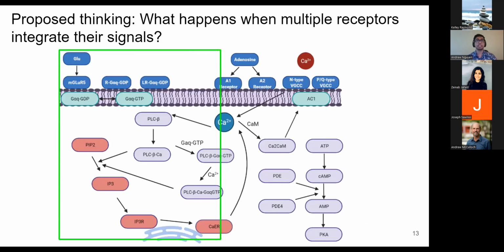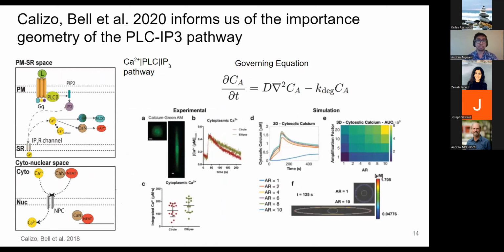So we have the schematic again, but now we'll look at a different piece of the model. And so we'll look at this glutamate mediated calcium signal pathway that involves a PLC, known as a phospholipase C, which hydrolyzes to generate this IP3 pathway, creating this positive feedback loop for the intercellular calcium. And so another model that we looked at is this Cuellar and Bell model, which is previously derived from the Cooling model, which was developed in 2008.